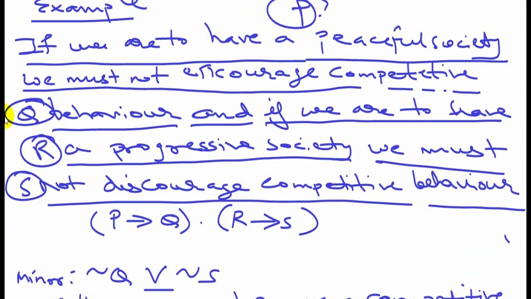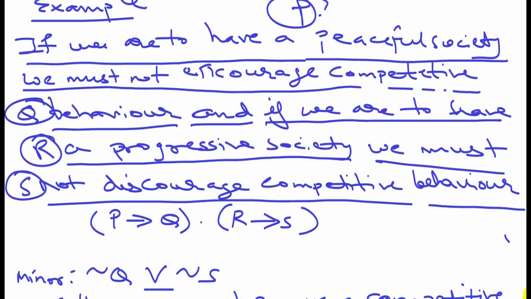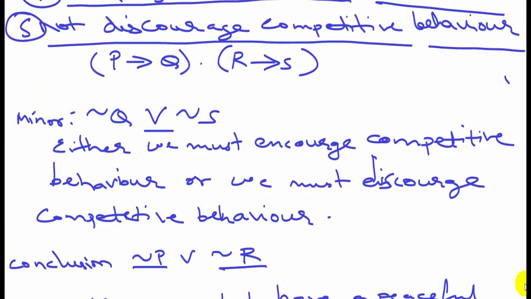These are the consequence Q and S. Q is we must not. So this is negative. In the major, the consequences are negative. While denying them in the minor premise, when we are saying not Q or not S, they'll have to become affirmative. That is, we must encourage competitive behavior or we must discourage, so must is an affirmative kind of statement.